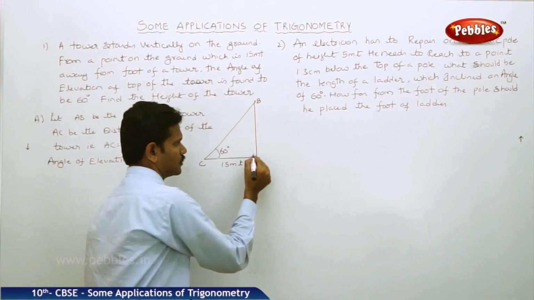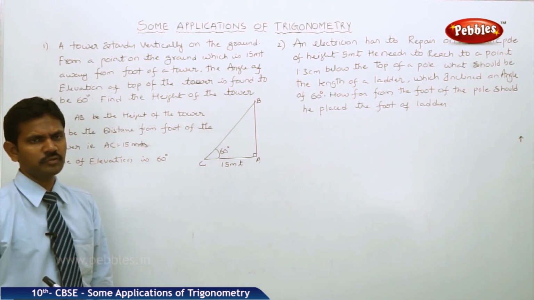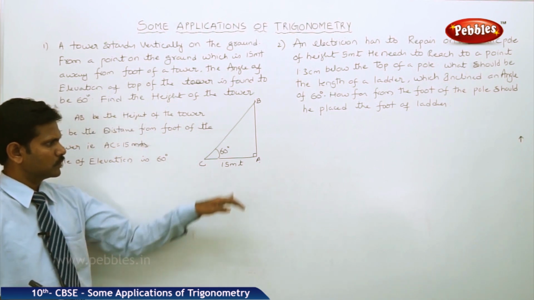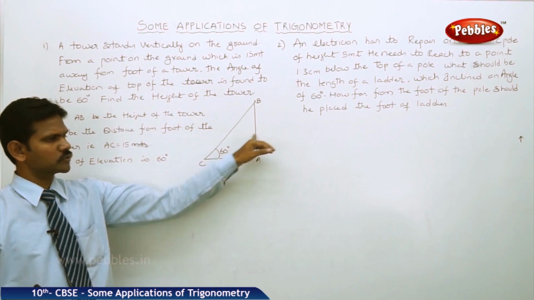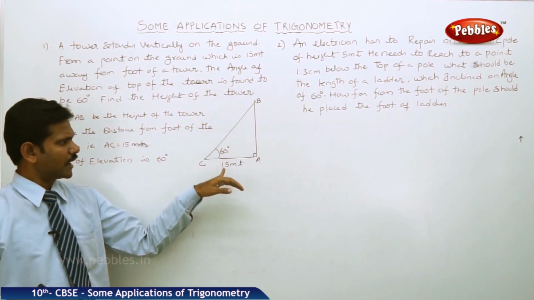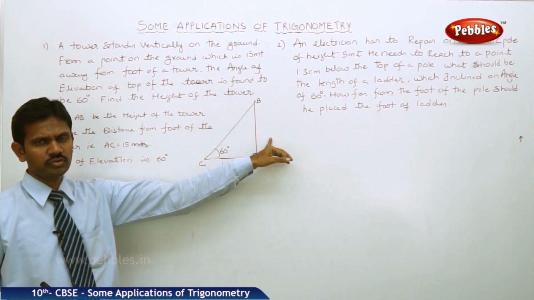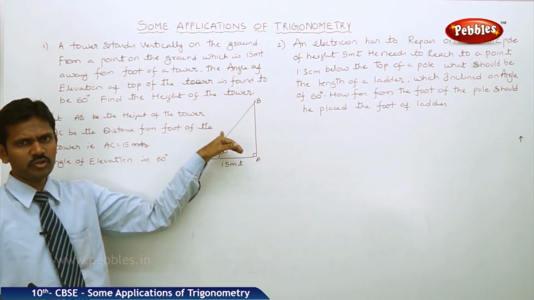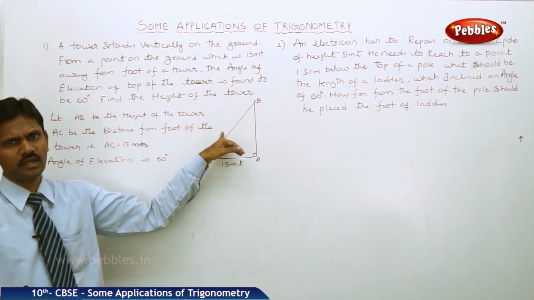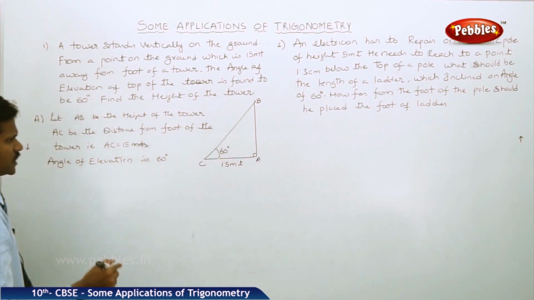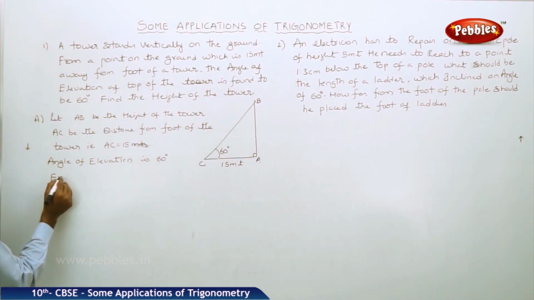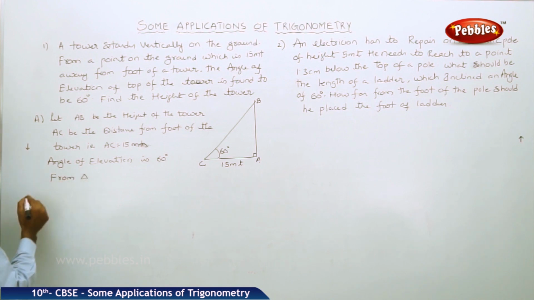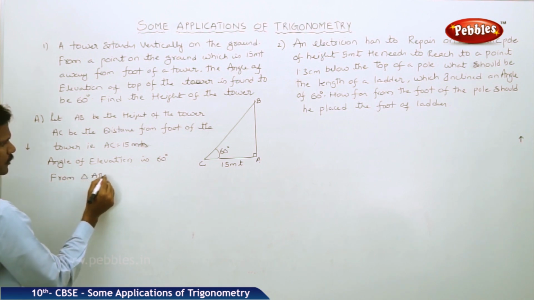Here, in this condition, we have to learn two things. One, if you know any of the two sides, that is either the base or the altitude, use the tan or the cot function; or if you know the hypotenuse, use the sine or the cos function according to the situation.